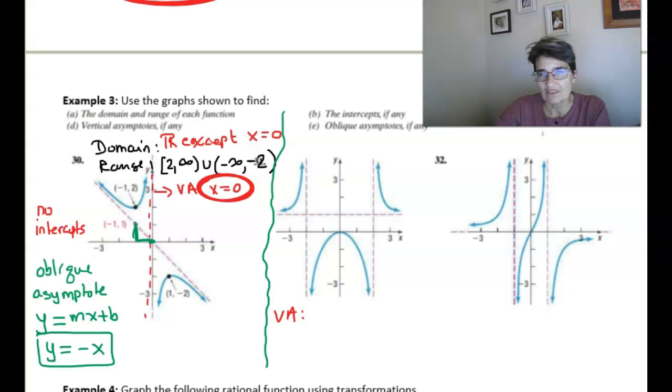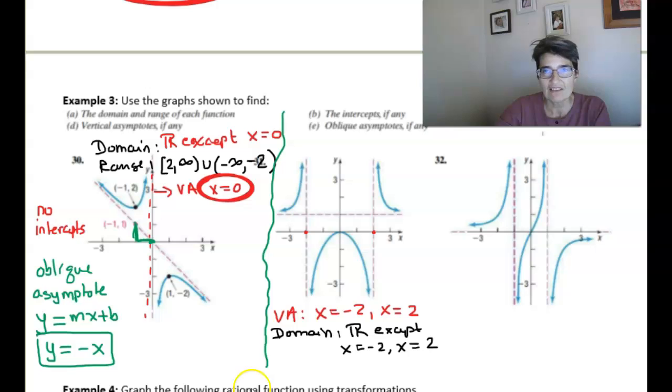So this vertical dashed line, there's one at x equals -2 and one at x equals +2. All right, they're helpful for figuring out the domain. Okay, so the domain is all the reals except for x equals -2 and x equals +2.